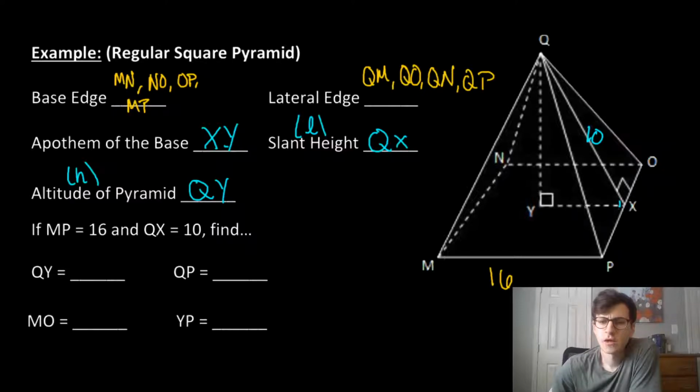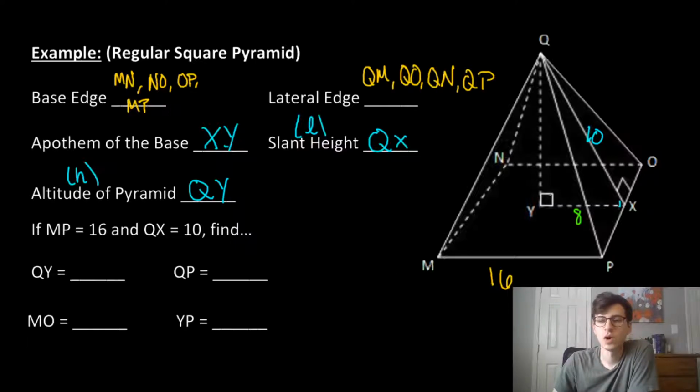So QY is the height. And for a square pyramid, it's pretty intuitive to see that the apothem is half of a side length. So if the side length of our square is 16, then we can say with pretty good confidence that the apothem is half of that, or 8.